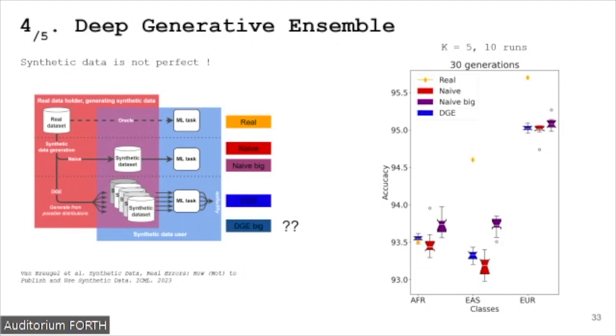And finally, we have the deep generative ensemble scenario. And we can see that it's increasing with respect to the naive approach, although it's a very slight increase in performance. And it's supposed to be more robust to some generative uncertainty in the generative model.